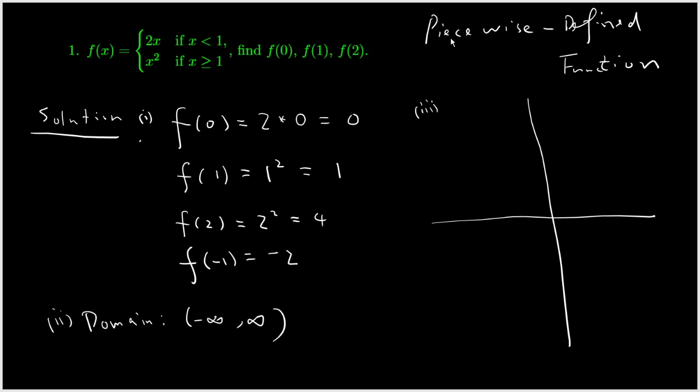I'm going to use the dotted line to draw the entire graph. To the right of 1, you have part of the parabola. The parabola is the function x squared. I will use the dotted line to draw the part of the parabola which is not on the graph of f of x.